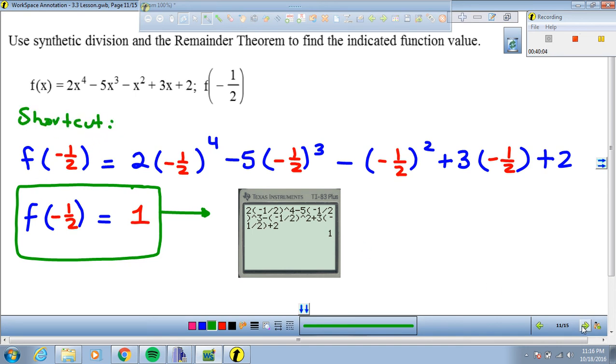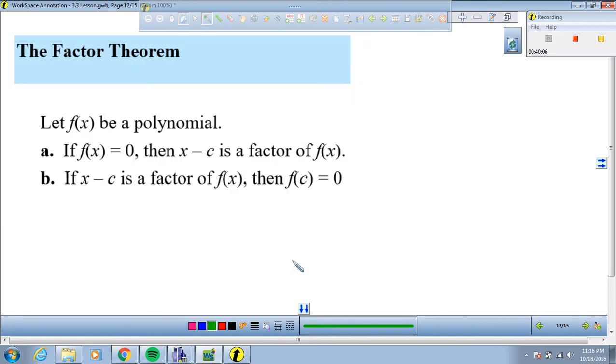Okay, the previous one I showed you with the long way. Now we have the factor theorem. What's the factor theorem? It says let f of x be a polynomial. If f of x equals 0, then x minus c is a factor of f of x. If x minus c is a factor of f of x, then f of c equals 0. Okay.